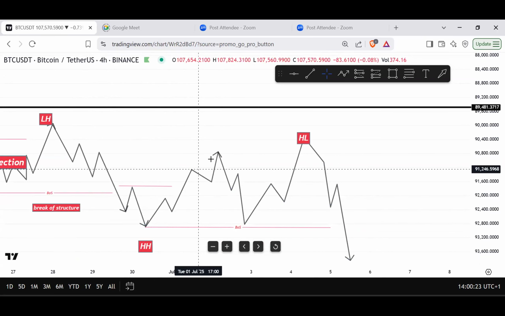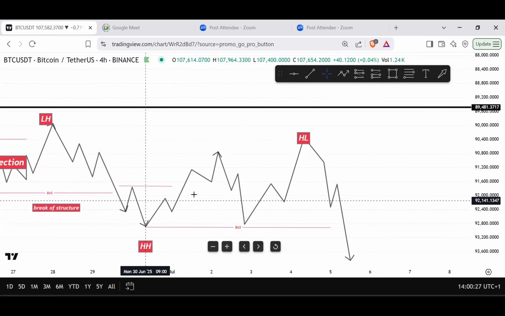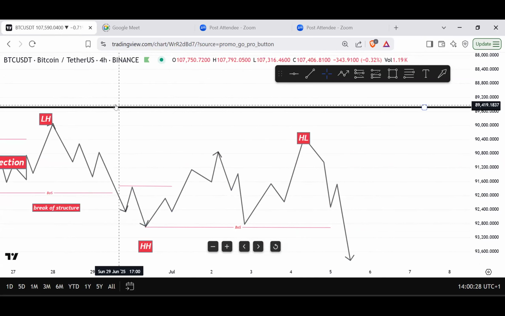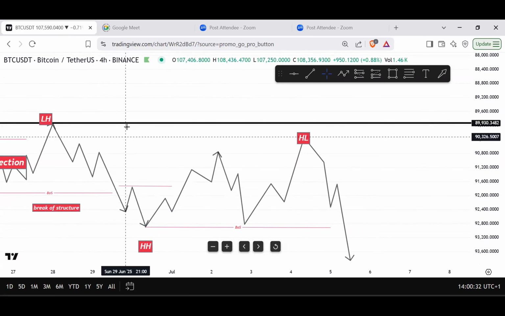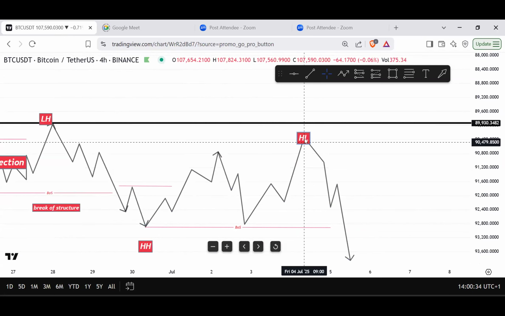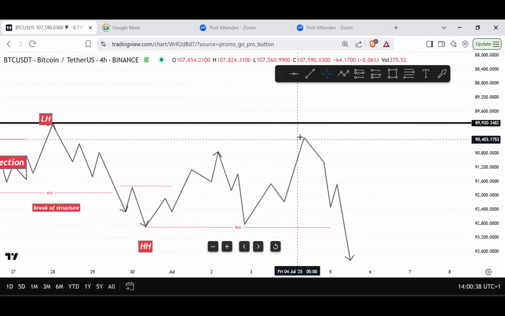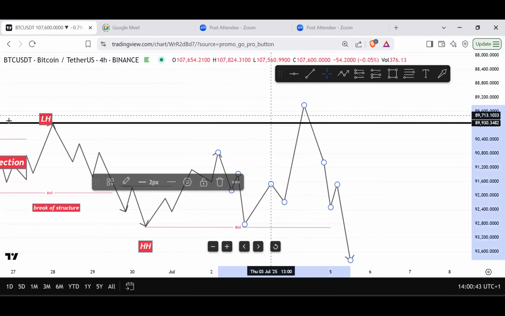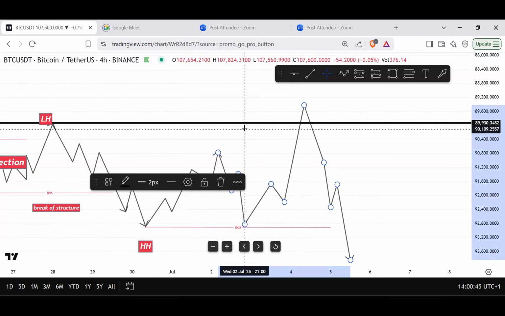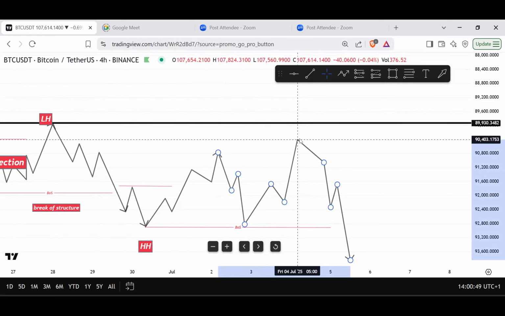Like in this example, the trend keeps going as the correction did not break above the lower high. But there are some cases where the correction will go above this lower high.